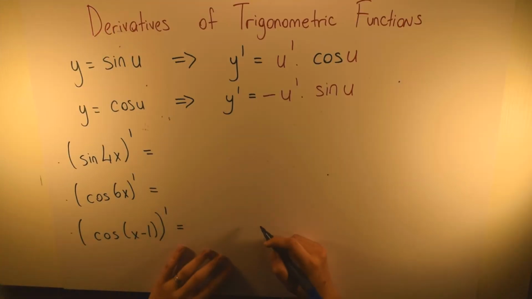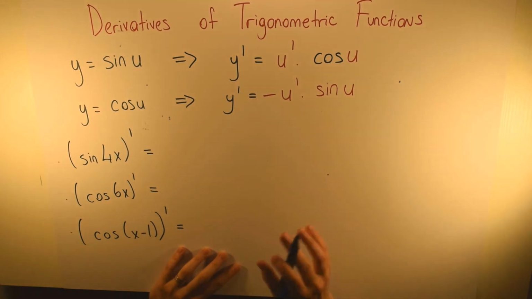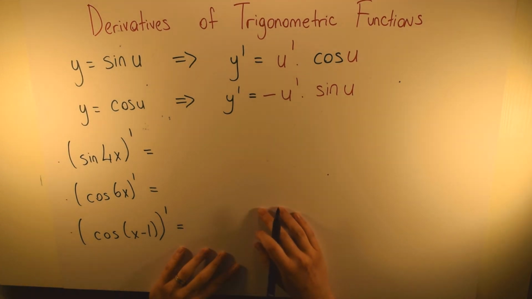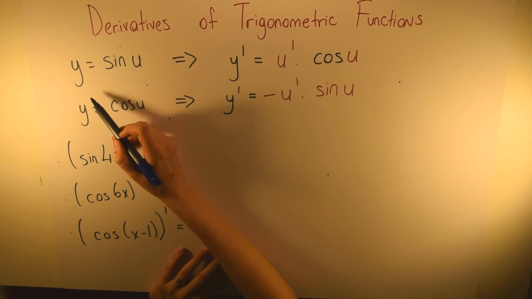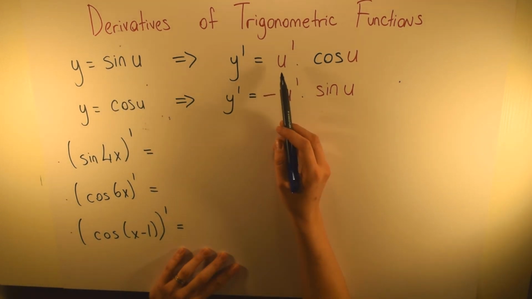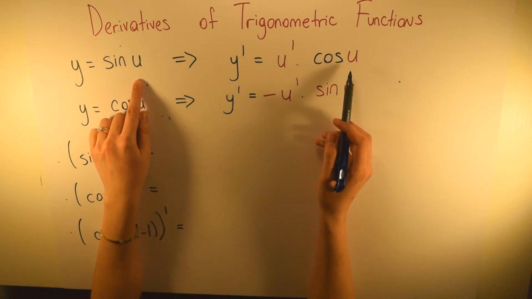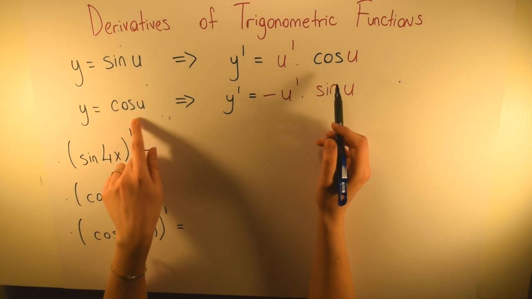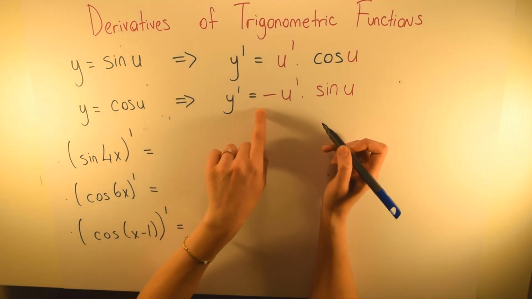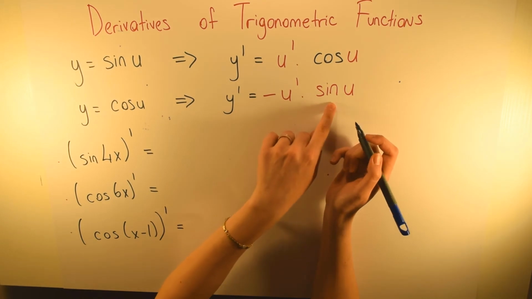Let's continue with the derivatives of trigonometric functions. So this is a very important topic. So let's say y is equal to sine u. So its derivative is equal to the derivative of u times cosine u. And when y is equal to cosine u, the derivative of y is equal to minus the derivative of u times sine u.